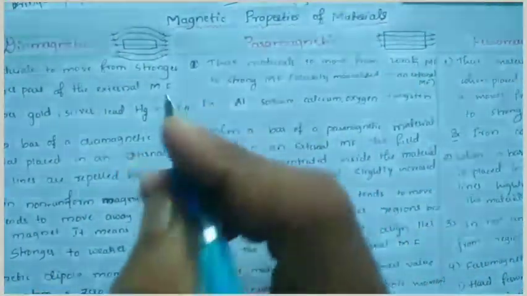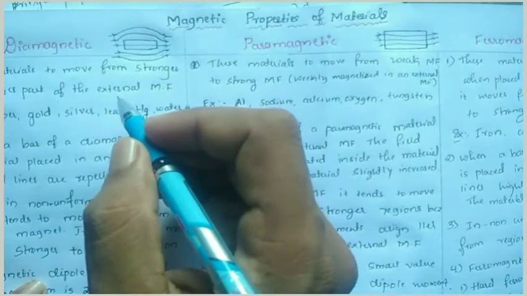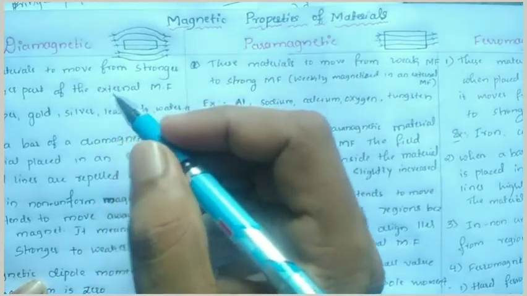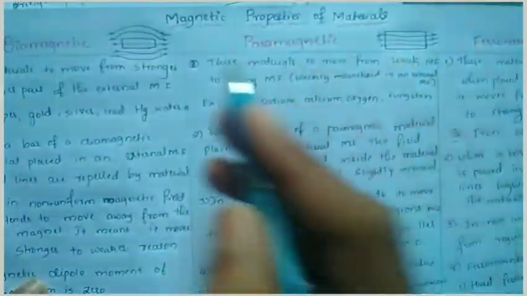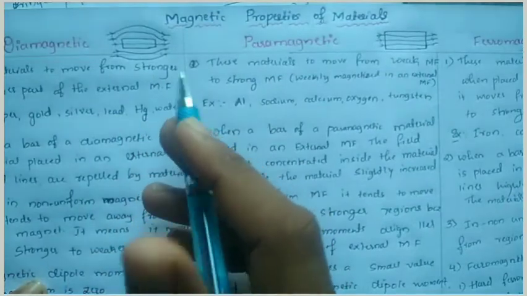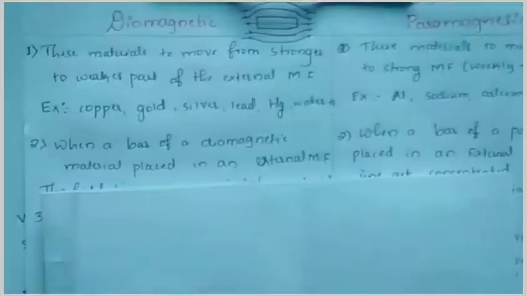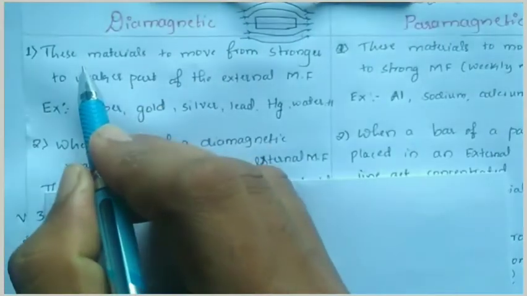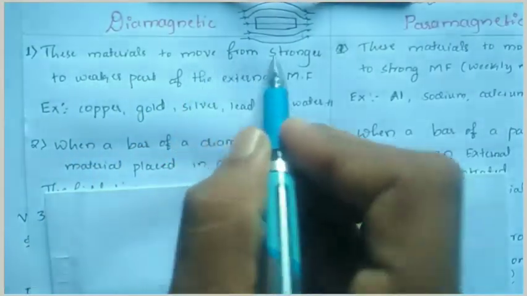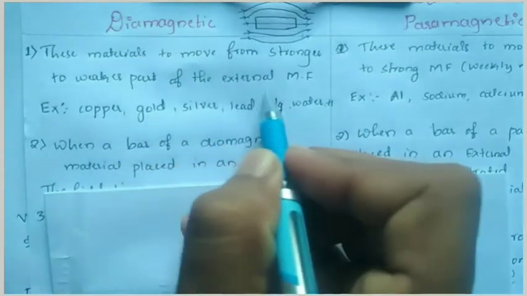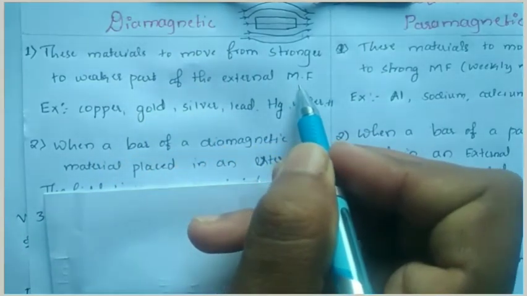Now we have to discuss them one by one: diamagnetic materials, paramagnetic materials, and ferromagnetic materials. First, diamagnetic. The first point is that these materials move from the stronger to the weaker part of the external magnetic field.